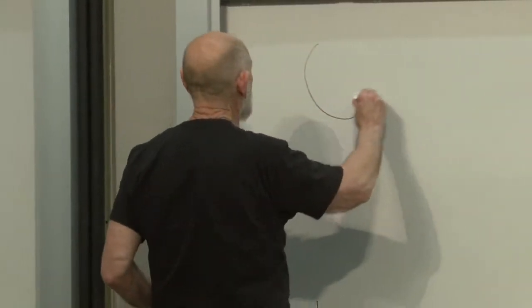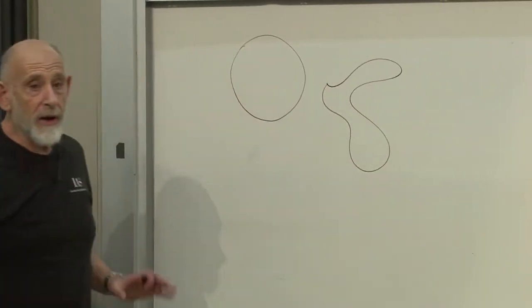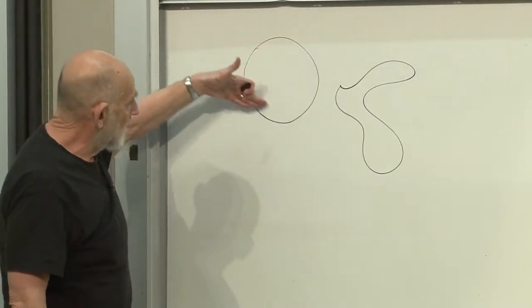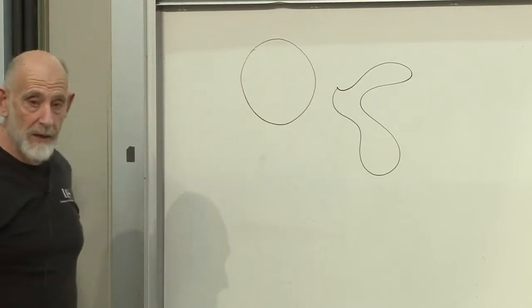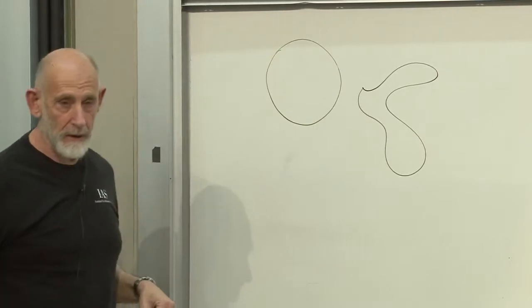A circle: if you were a little ant living on the circle, and you couldn't look off the circle, you couldn't look into the circle, all you could do is receive light from along the circle. You could communicate with your neighbors, but you would have no way of telling whether it was truly a circle or whether it was a thing like this, or even if there was no other dimension. Perhaps all there is is the space along the line with no sense of moving perpendicular to the line.